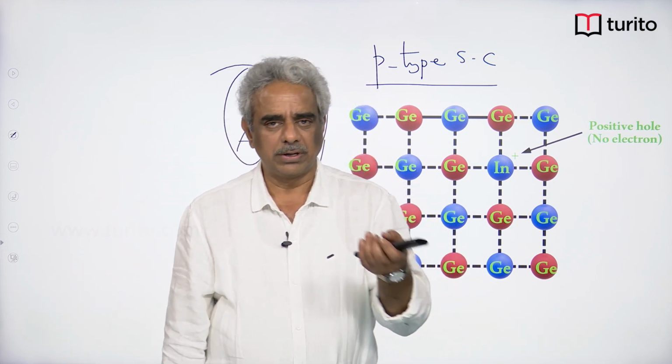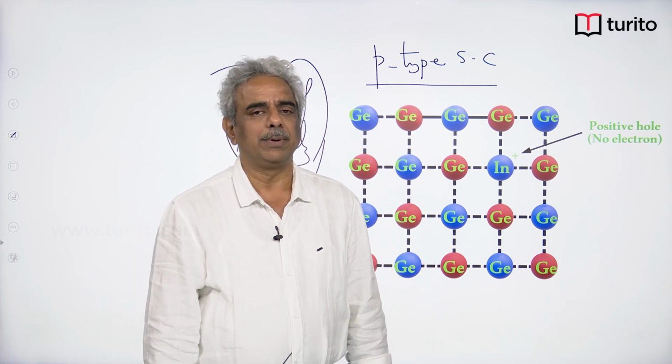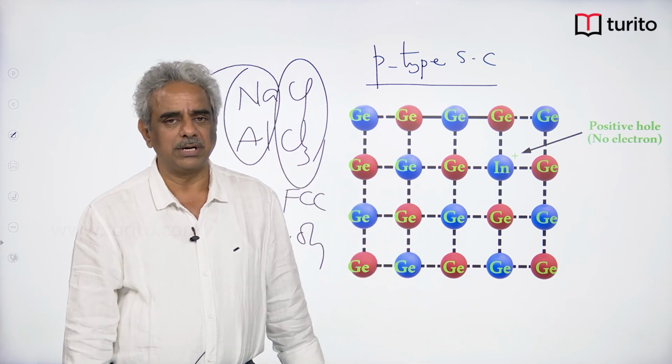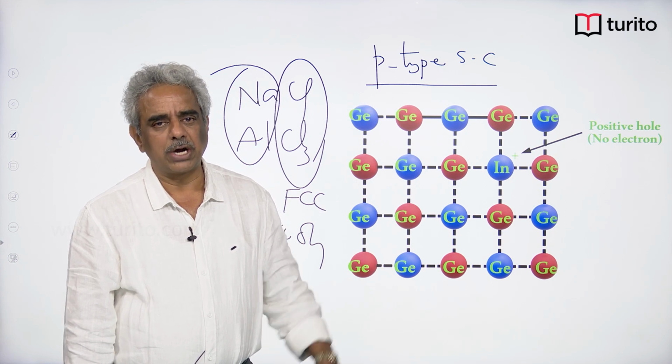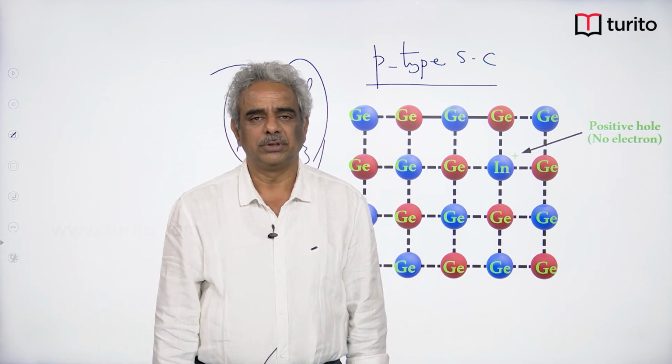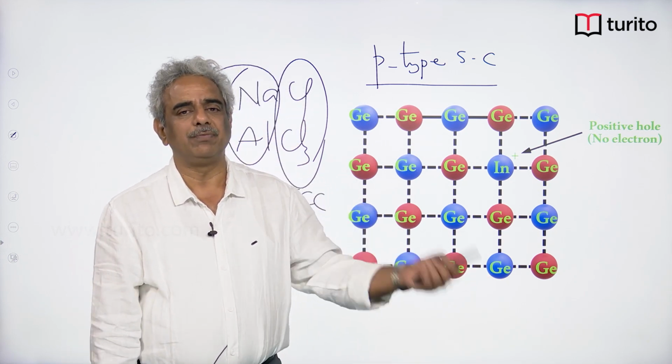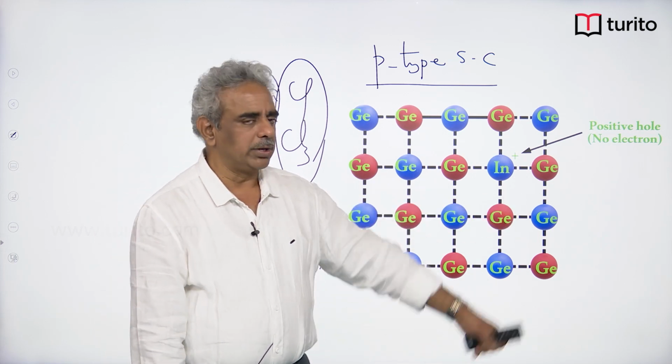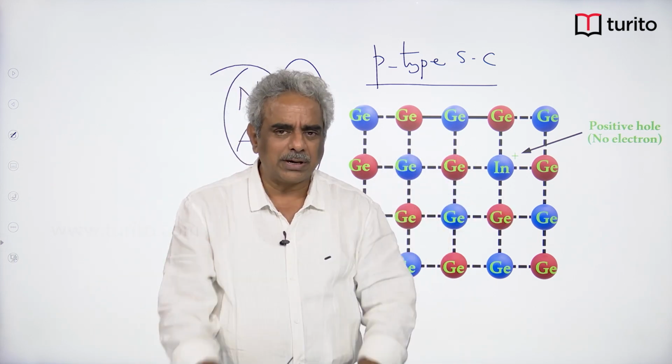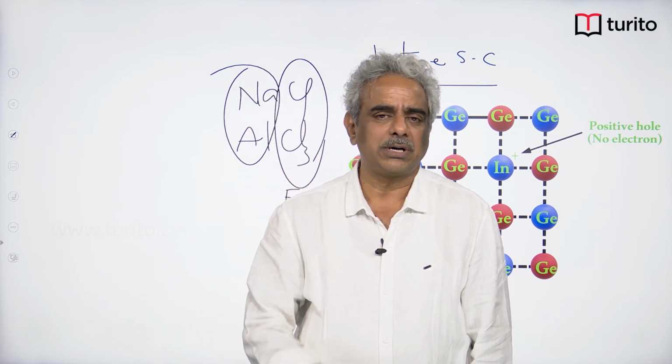In point defects, we did stoichiometric and non-stoichiometric. Within stoichiometric we saw Schottky and Frenkel. In non-stoichiometric defects we saw metal excess defect and metal deficiency defect. Then we understood doping also. So, all put together you can easily appreciate the subject.